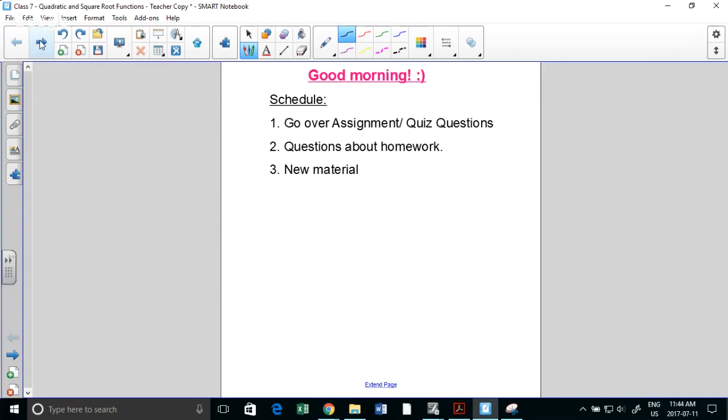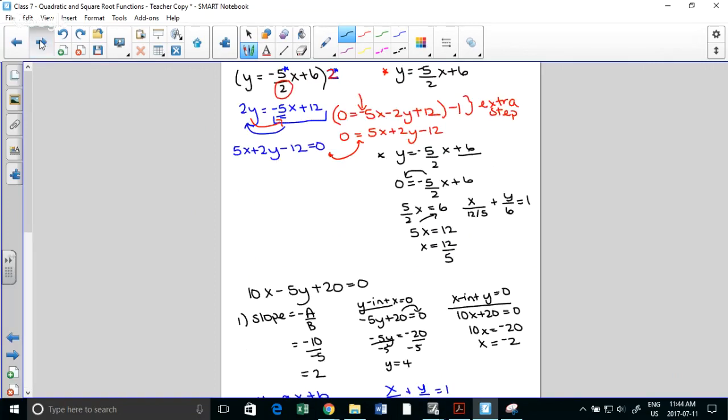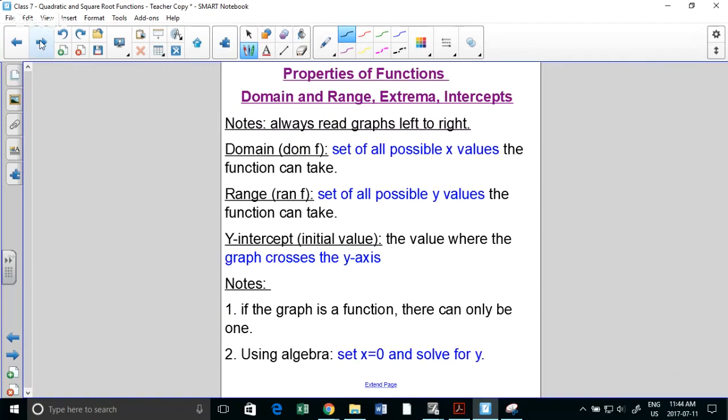Today the plan was to review properties of functions very quickly, to review quadratic function very quickly, and to start something new. I'm going to talk about properties super quickly because you did this in CST and you did this in Sec 3.